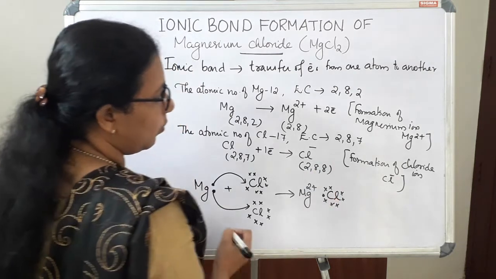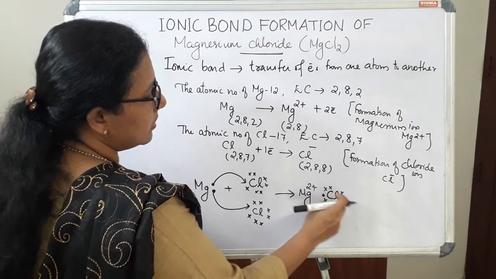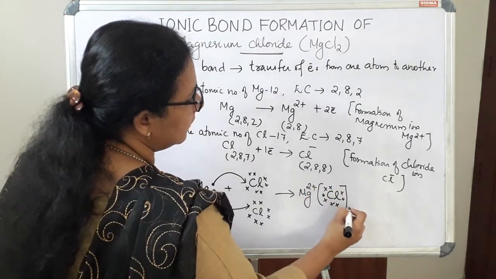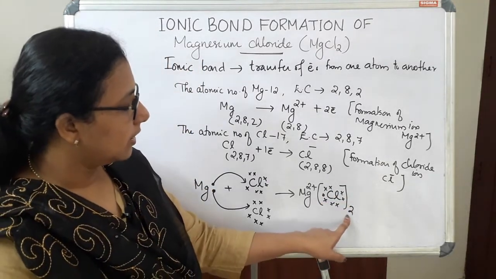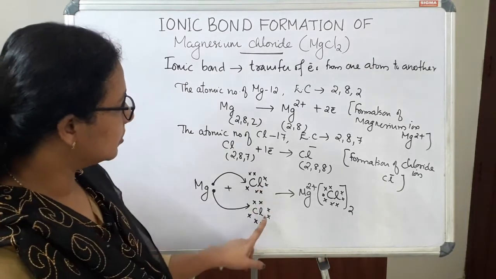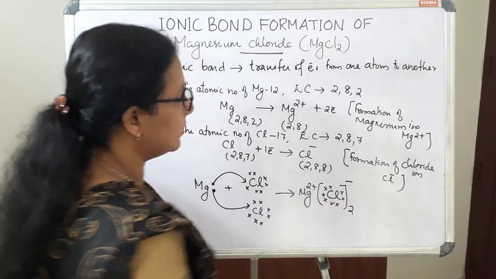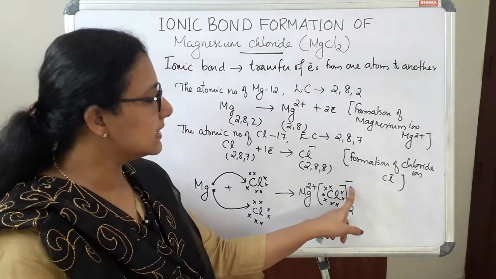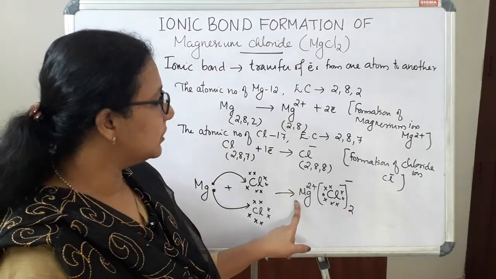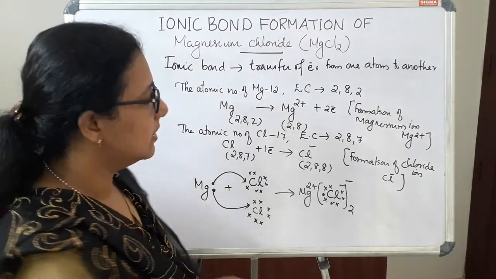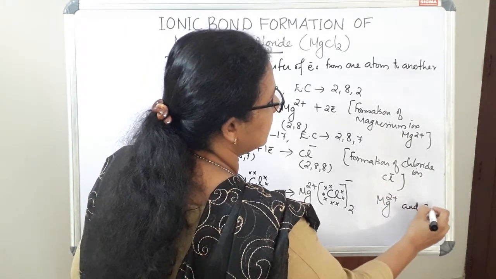One chlorine atom is represented by this, with 2, 8, 8 configuration, and there are 2 chlorine atoms, so 2 should be represented as a subscript here. So 1 Mg2+ and 2 Cl- ions are there.